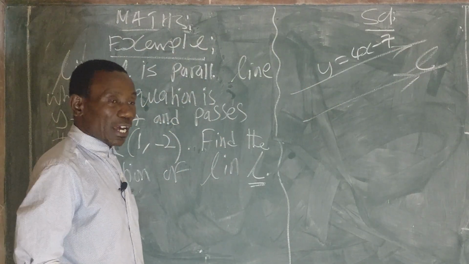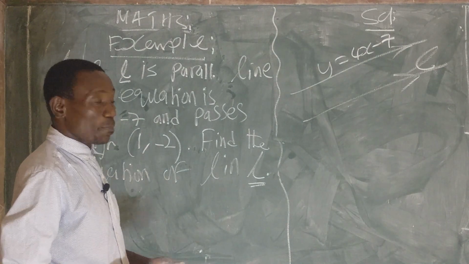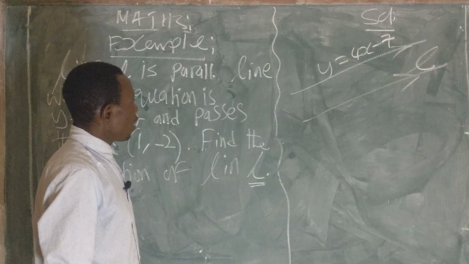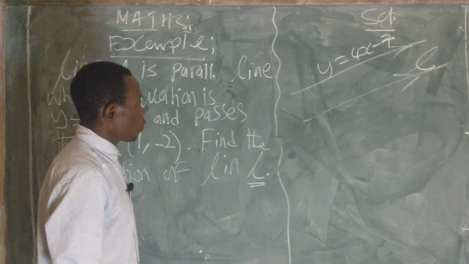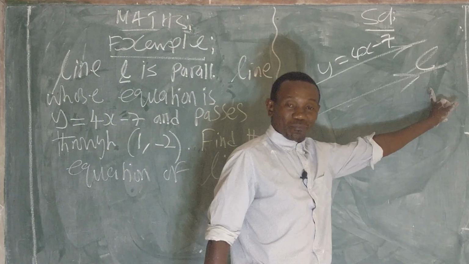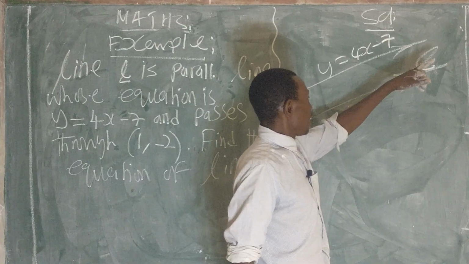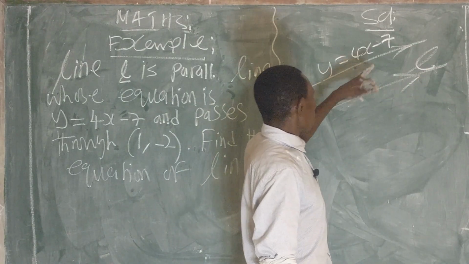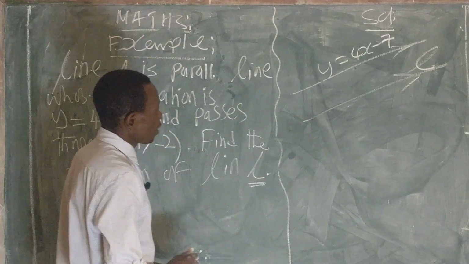So once we are told about that, we have to bear in mind that these lines, as much as they're parallel, have the same gradient. Our task here is simply to calculate the equation of this other line, arrow, while the first equation is y is equal to 4x minus 7.